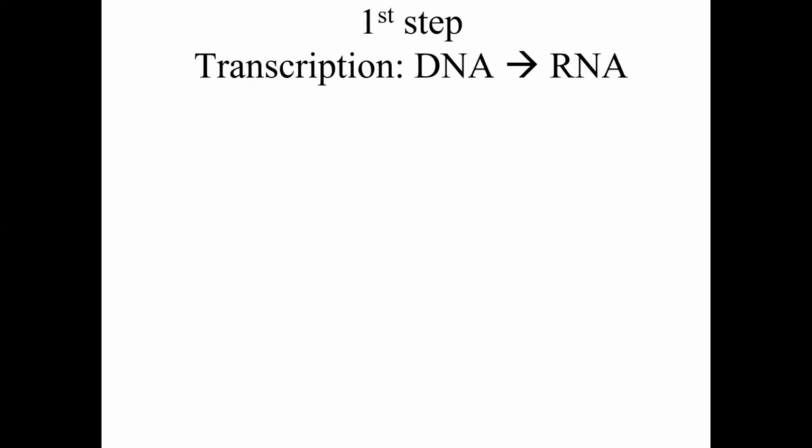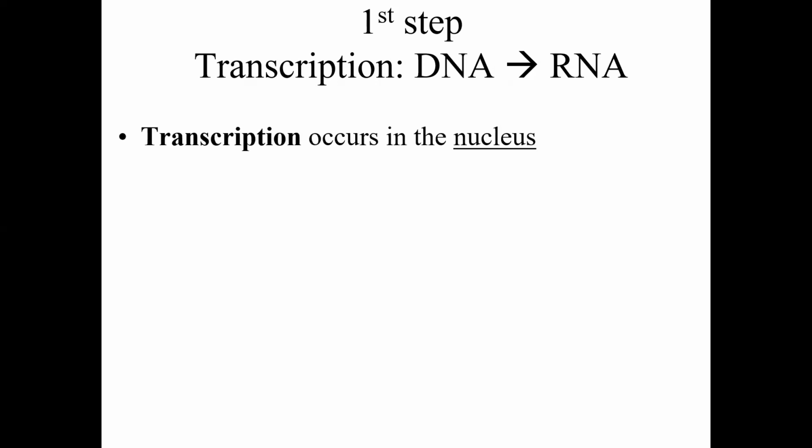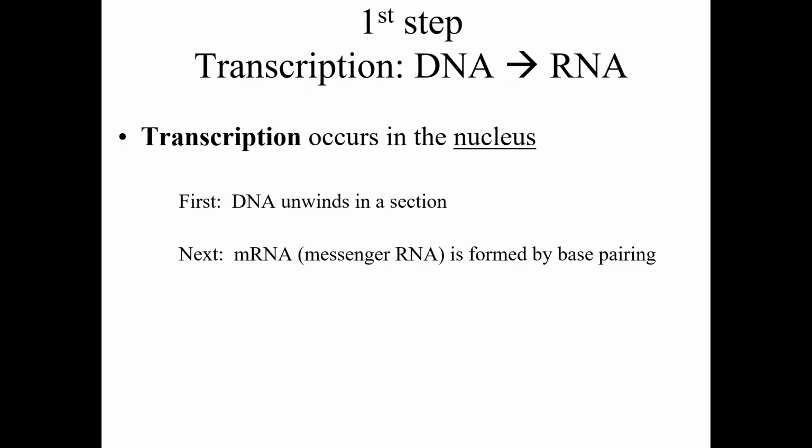So now transcription is when DNA is converted to RNA, and it occurs in the nucleus. First, DNA is unwound in a section, and then the next step is messenger RNA formed by base pairing.